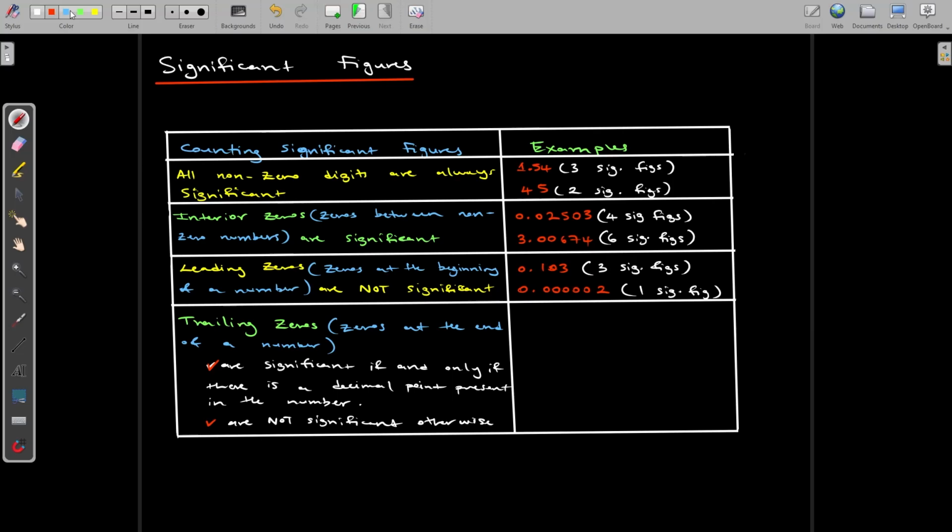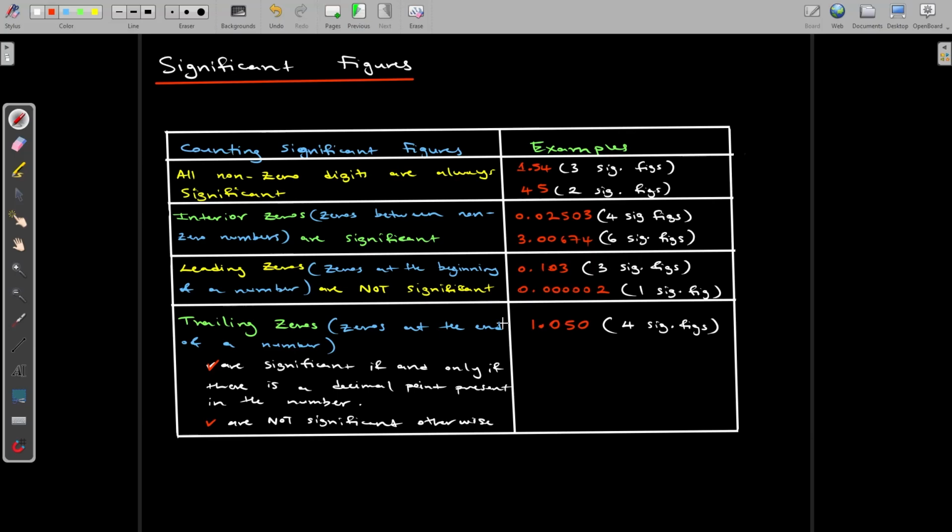Alright, so if we have 1.050, how many significant figures are here? 4. Remember, zeros that come after are only significant if there's a decimal point.